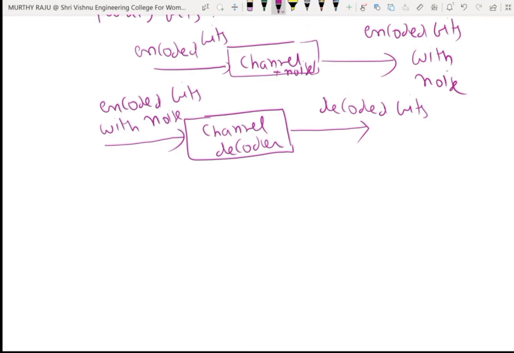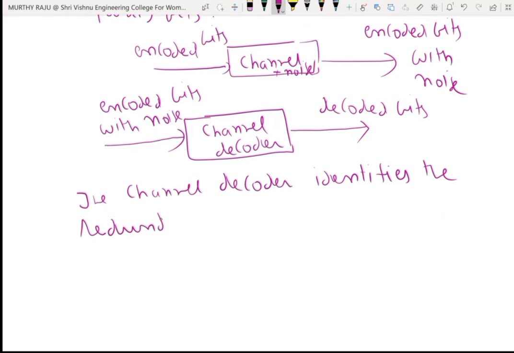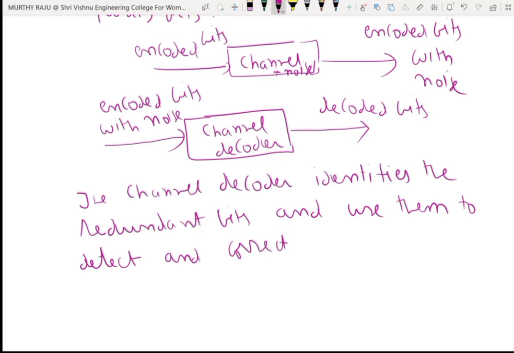The main function of the channel decoder is to identify the parity bits.